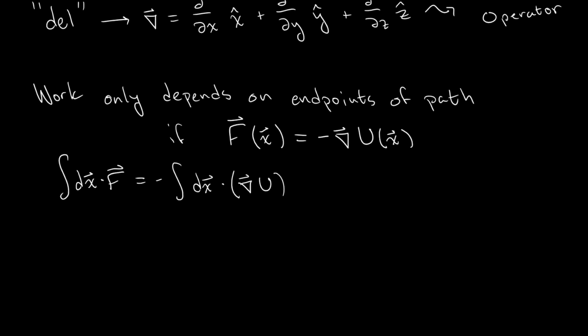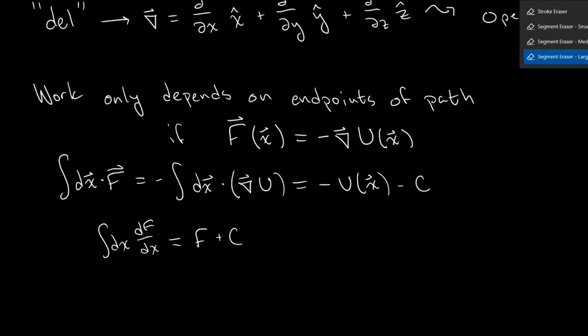So just like before, whenever I take a one-dimensional integral of some function which can be written as a derivative, I get the function plus some constant. I could imagine that this is also going to be equal to minus u of x, and I'll just write it as minus c here.